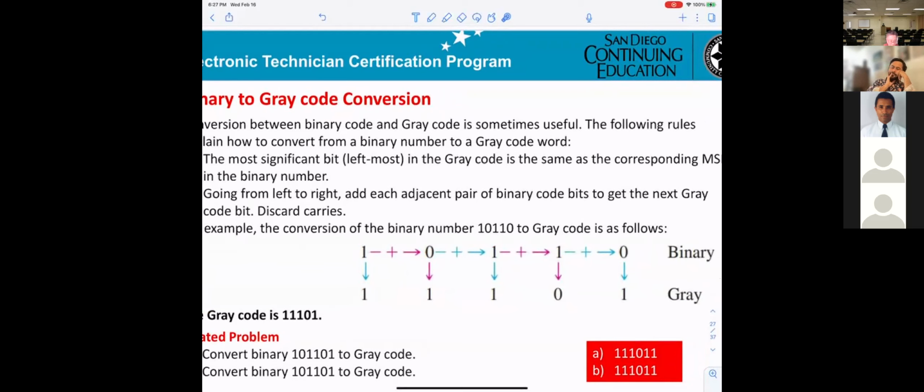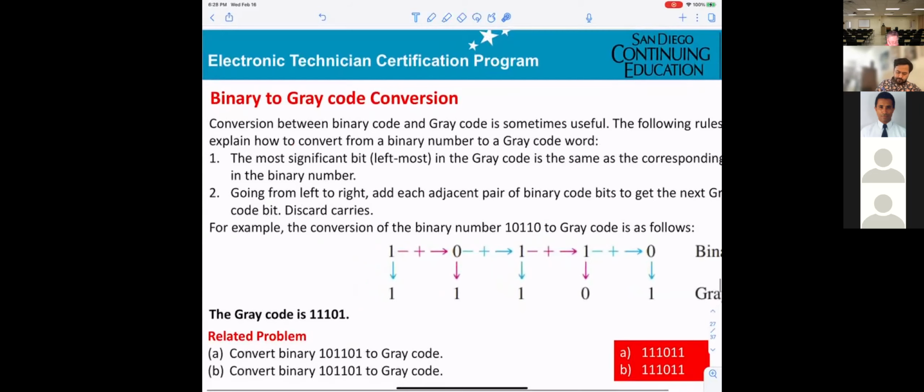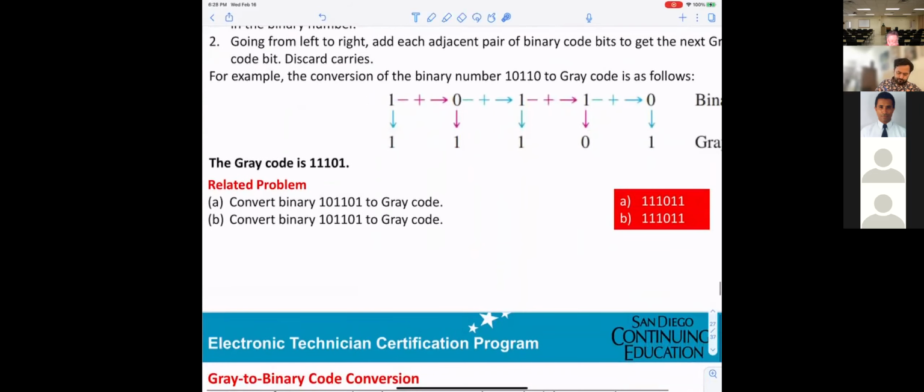Very simple. First thing, bring the most significant bit down here. Then you start adding. No more carry. And then the answer is 11101.